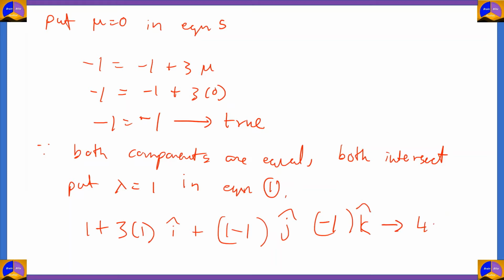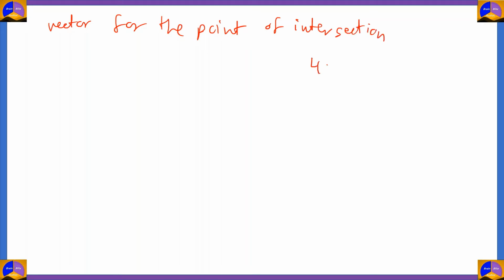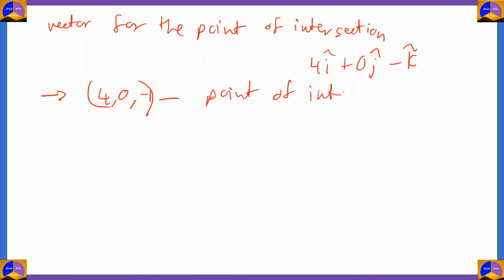So that will be 4 i cap plus 0 j cap minus k cap. So this will be the vector for the point of intersection. We found this as 4i plus 0j minus k. So therefore, (4, 0, minus 1) is the point of intersection.